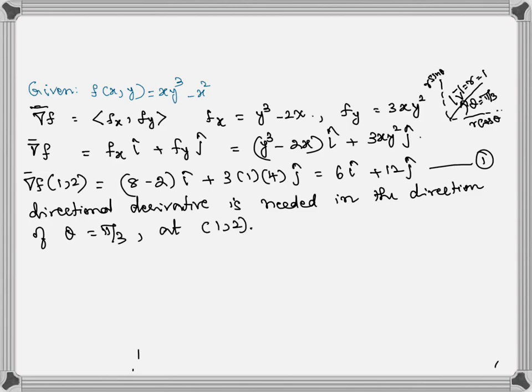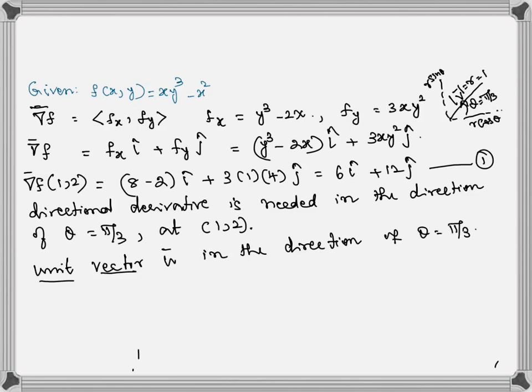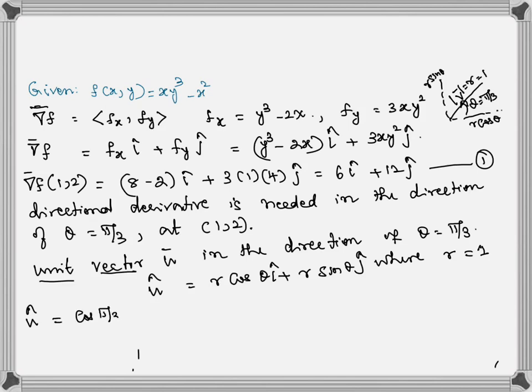So the unit vector u in the direction of theta equal to pi by 3 can be written as r cosine theta i plus r sine theta j, where theta equals pi by 3 and r equals 1.